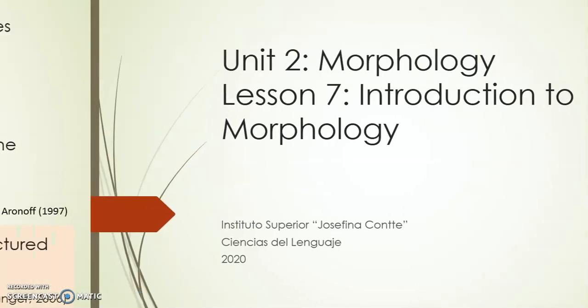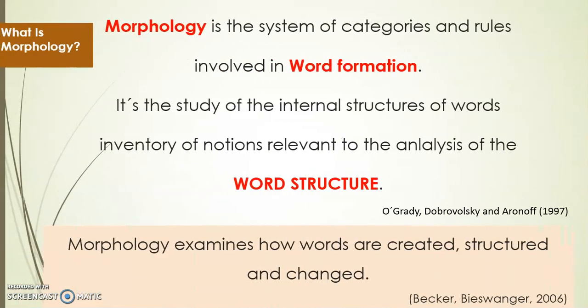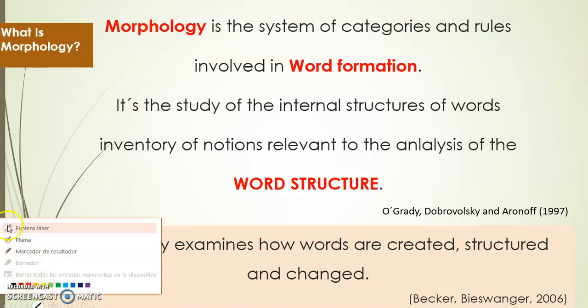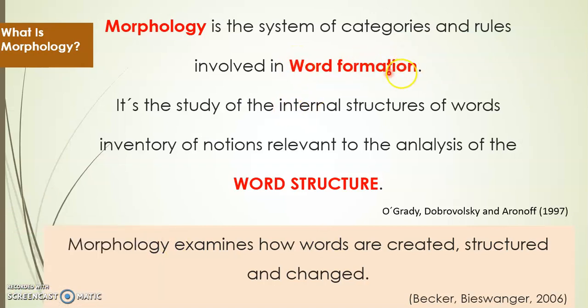So let's start by defining morphology, what morphology is about. It says that morphology is a system of categories and rules which are involved in word formation. So here we have a keyword, which is word formation.